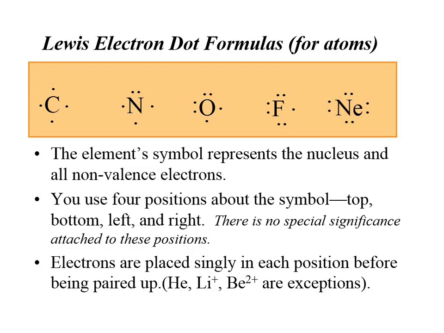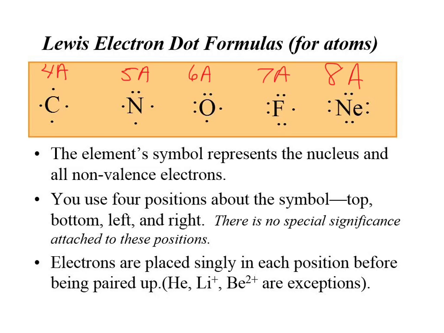Across the top, I'm going to write what group number they are in: 4A, 5A, 6A, 7A, and 8A. And you would tell me that the group number is the number of valence electrons.